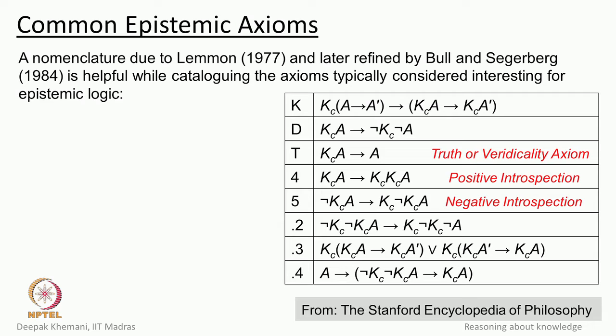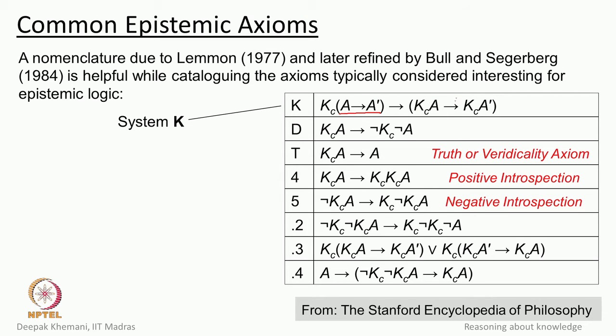If you look at it closely, you can see that what it says is that if an agent C knows that A implies A prime, then if he knows A, then he knows A prime essentially.